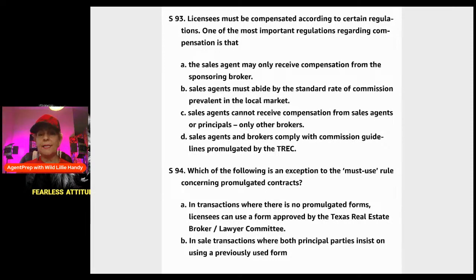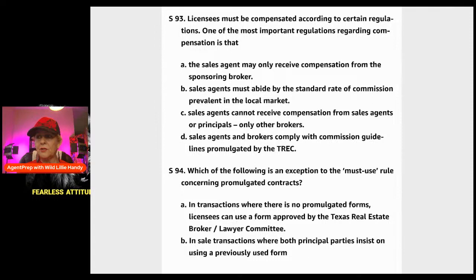No, it is not D. Commissions are not promulgated by TREC. It's not a promulgated document. Remember, those are negotiated with the client, between broker and client, and usually it's with the sales agent, who is an associate of the broker, and the client. However, all transactions belong to the broker, right?